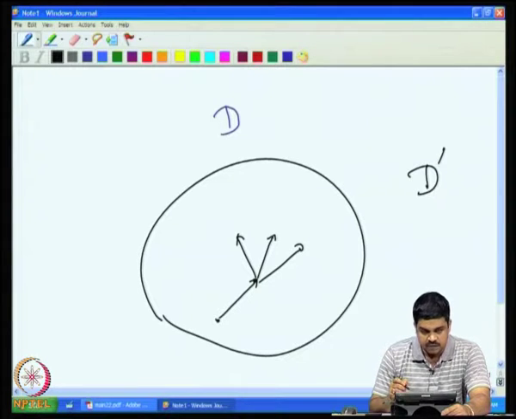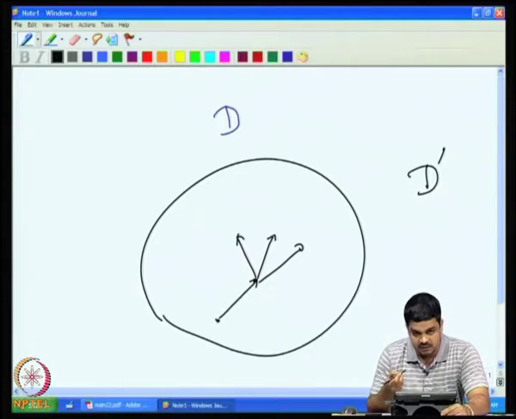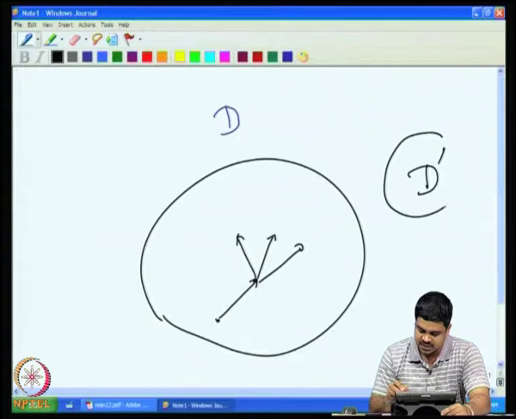That means we keep adding as many edges as possible from D. We are taking the edges from D and making D dash, but we keep taking as many edges from D as possible, as long as we do not introduce a directed cycle in D dash. This is a maximal acyclic subgraph of D, that is D dash.